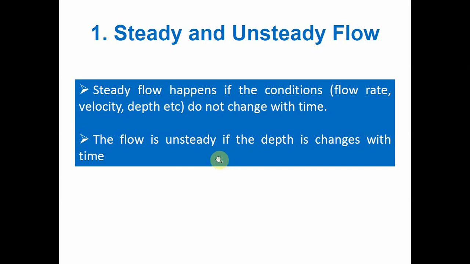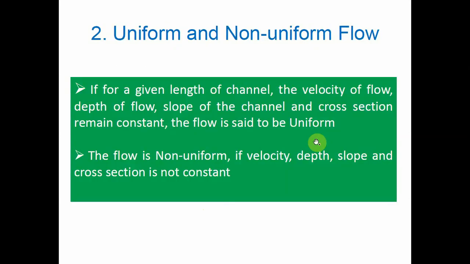Mathematically, that can be written as dou y by dou t does not equal to 0, dou v by dou t does not equal to 0, and dou Q by dou t does not equal to 0. That is unsteady flow, that is, depth changes with respect to time.